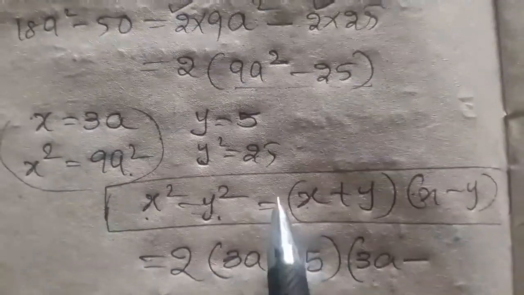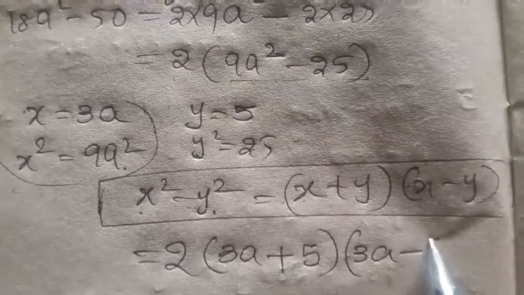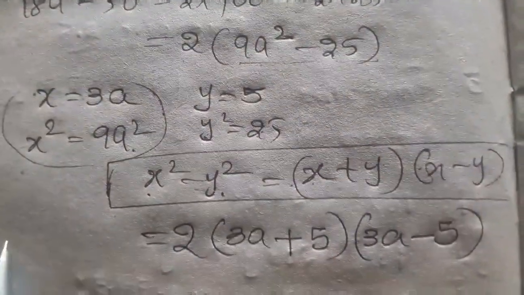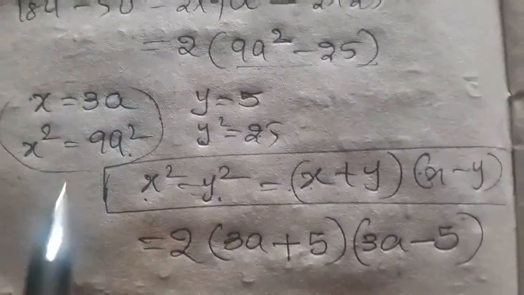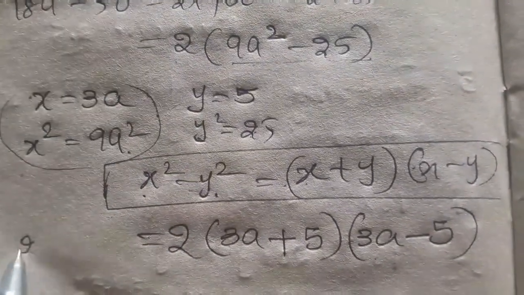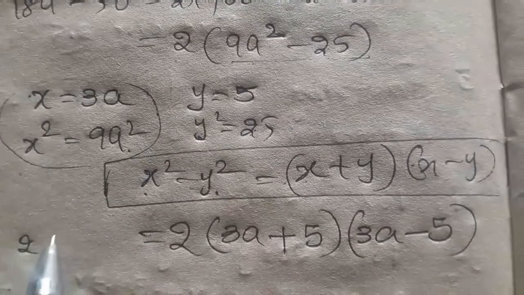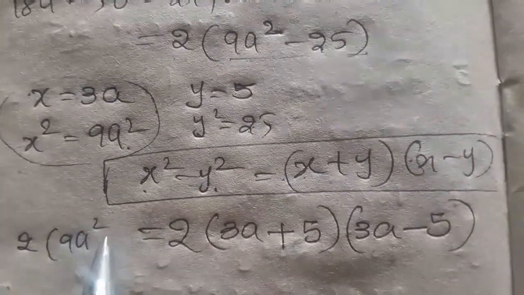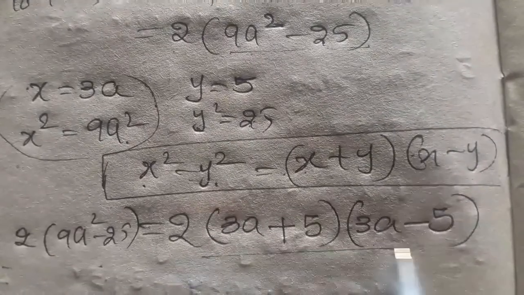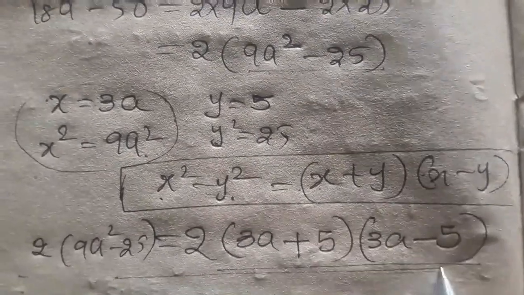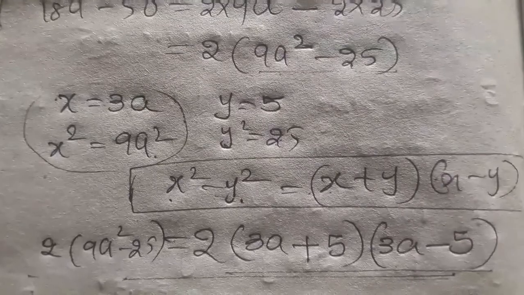Minus, right? Minus. y means what? 5. Are you got it? So this side is 2 into 9a square minus 25. This is equals to this. Are you got my point? Yes. Understand all of you?